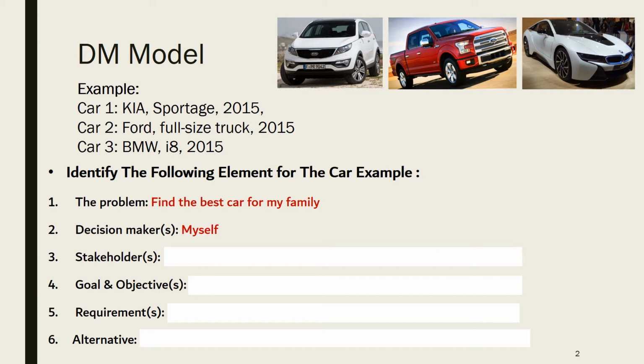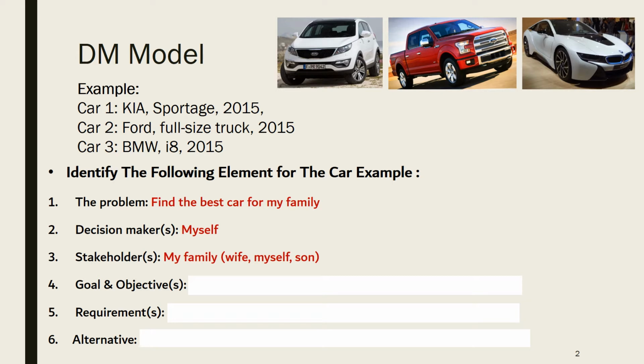But this decision will not affect me alone, yet it's going to affect me and my family as well, since they're going to use the car with me. So the stakeholders in this case are my family, my wife, myself, and my son or my kids, if I have more than one.